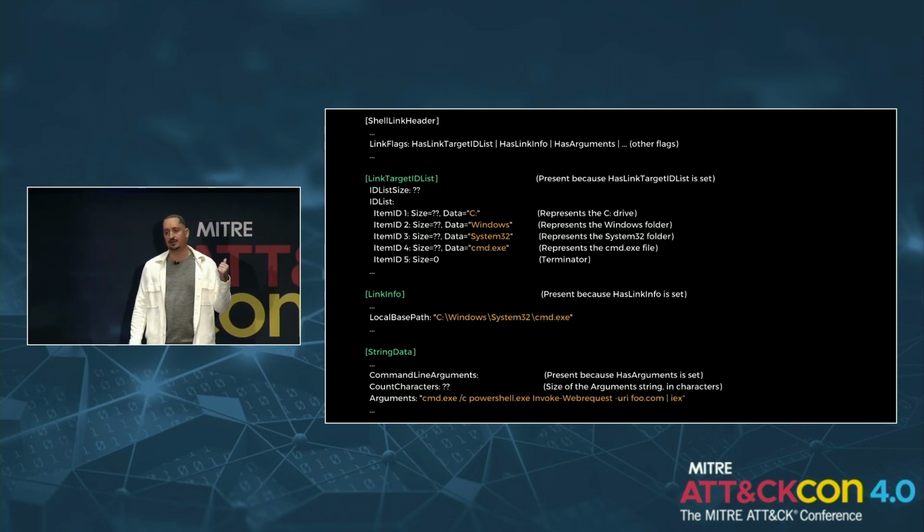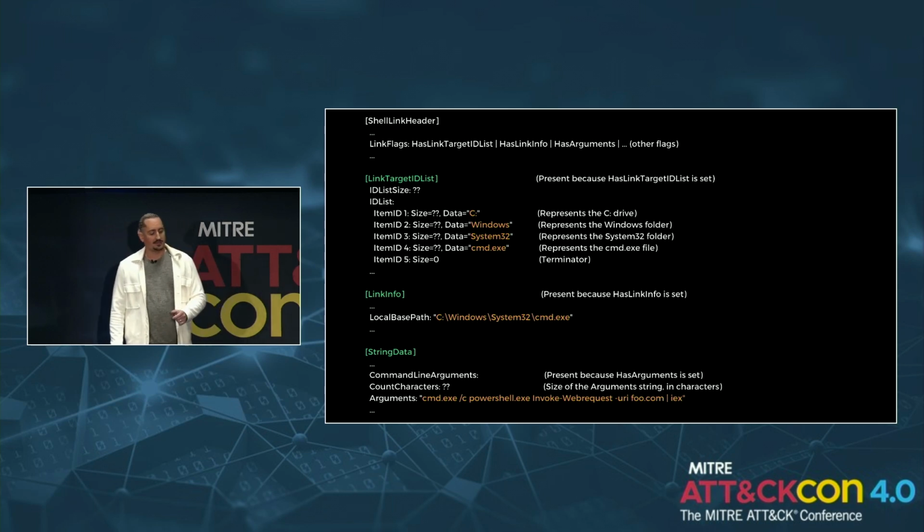And I say it's pseudocode because it's actually represented as binary within this well-structured object. Let's take a look at the first part here. We have the link target ID list. This is a serialized list that tells the Windows operating system precisely, step by step, where it will find the object that you're trying to access when you click on that shortcut.